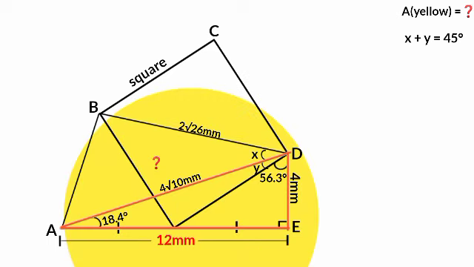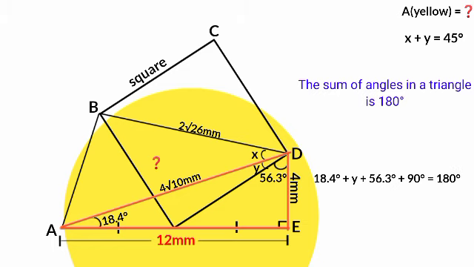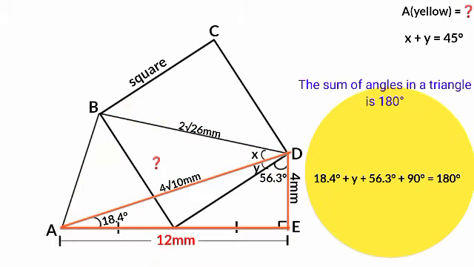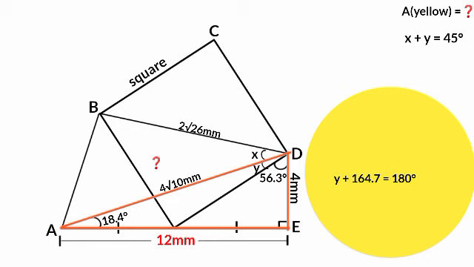Now still from this triangle, we know the sum of angles in a triangle is 180 degrees. So if we sum up its angles and equate to 180 degrees, 18.4 plus y plus 56.3 plus 90 degrees equals 180 degrees. 18.4 plus 56.3 plus 90 is 164.7. If we take 164.7 to the right hand side of the equation, y equals 180 degrees minus 164.7, which is 15.3 degrees.